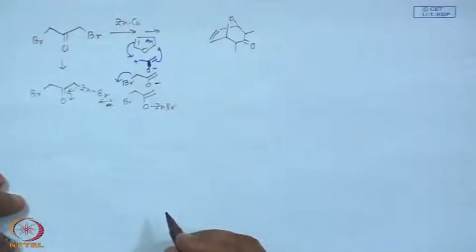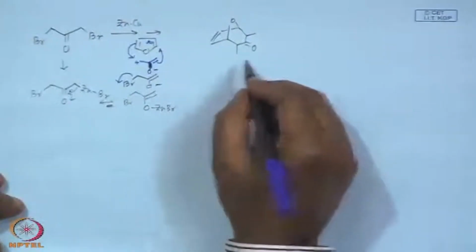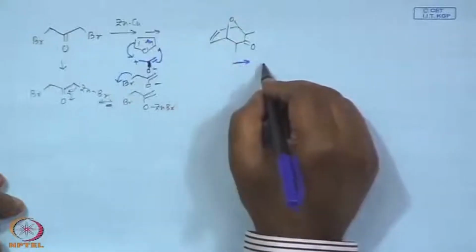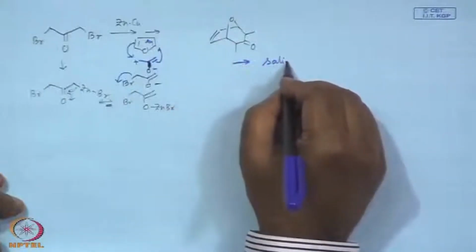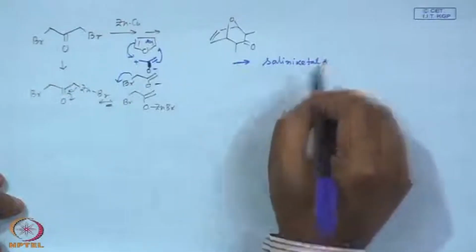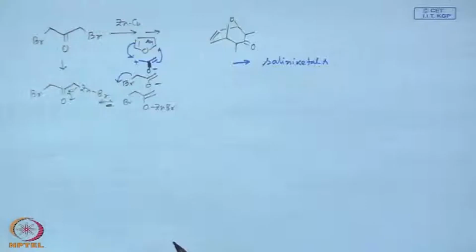Now, in this case with an oxygen, because you started with a heterocycle, that is furan, this has recently been used for a synthesis of a natural product called salvinorin ketal A, which is a heavily oxygen substituted natural product. So, what does it tell you?